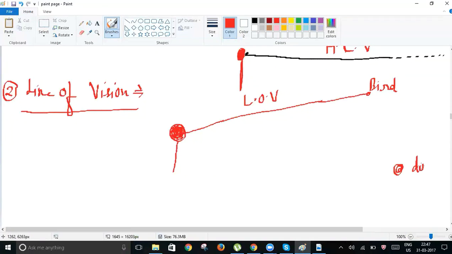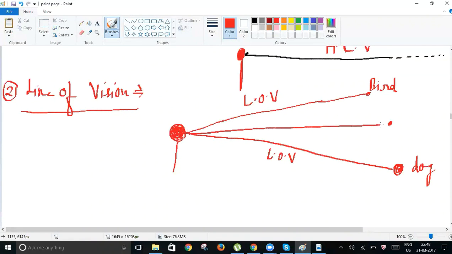Suppose there is a sound of a dog here at the ground. Then what will you do? You will get down your head. Then there will be a line starting from your eyes and joining your eyes to this dog. We call this line line of vision. If there is something at the level of your eye, then also there will be a line joining your eyes to that object.